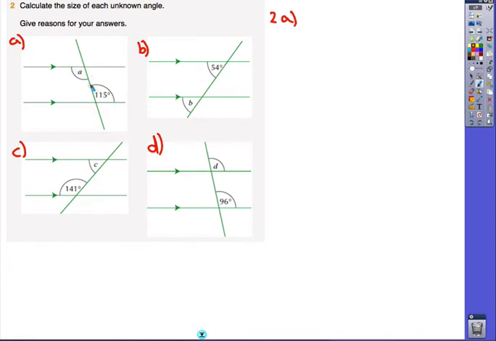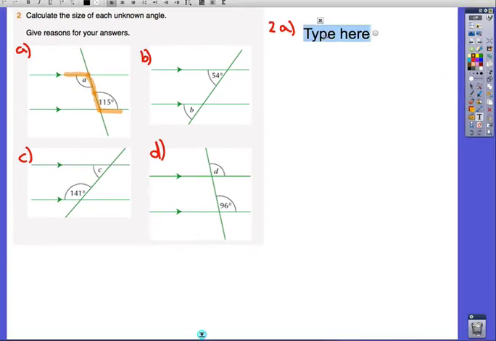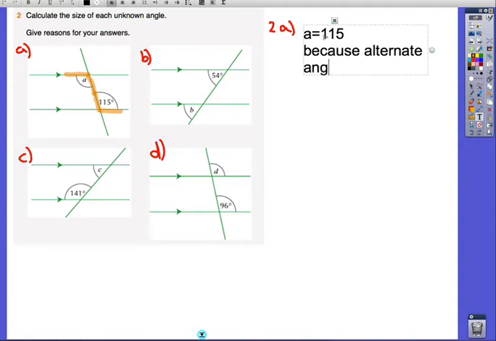Now 2A, the angle we're given is 115 degrees, and the angle that we need to work out is A. You can see it's an alternate angle, so to give our answer, A is going to equal 115 degrees, and the reason is because alternate angles are equal.